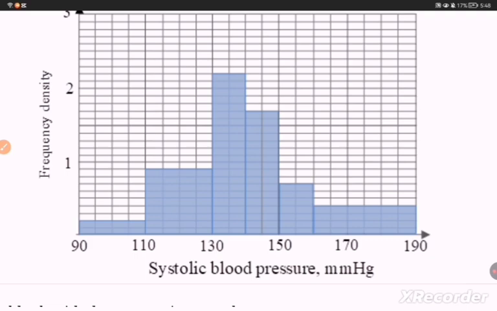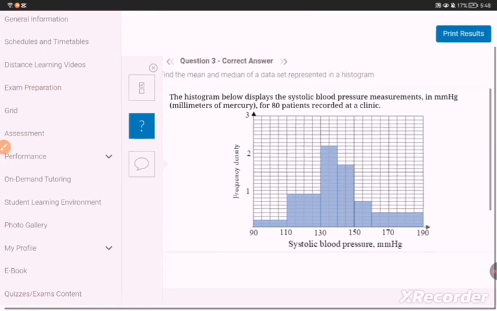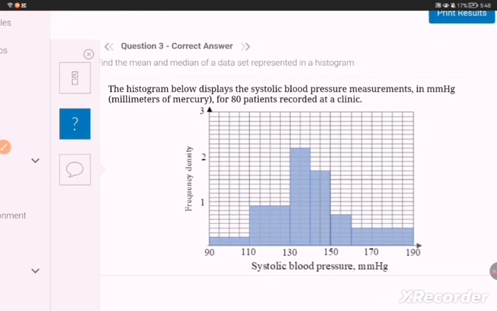Okay? So, now that you have your midpoints, so you have the mid of the extreme values and you have your frequencies, you can find the mean. So now all you do is you multiply the midpoints by the frequencies over the total frequency.